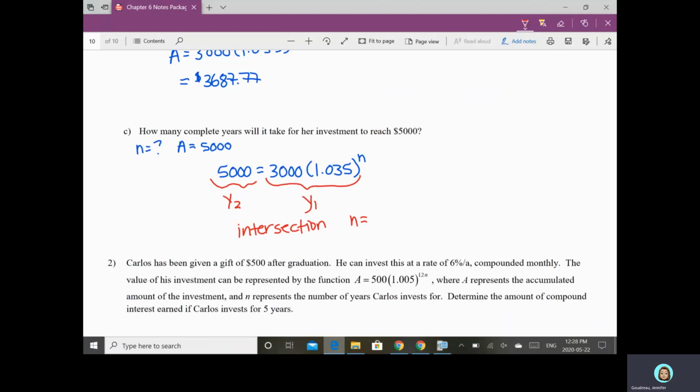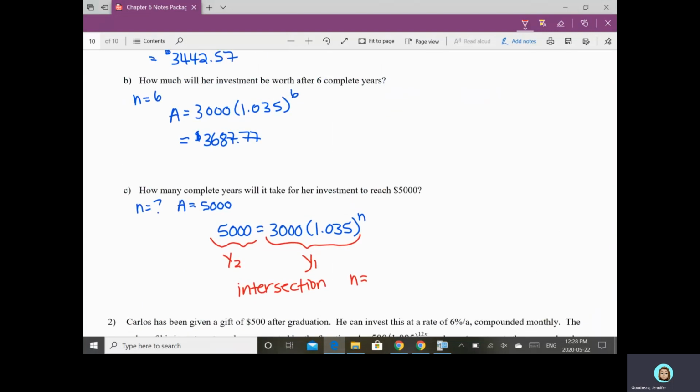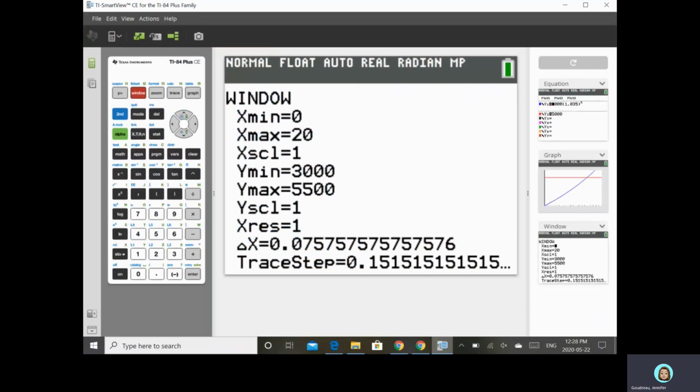We can see that for 6 years, we only got to 3,600. So we're going to have to go quite a bit higher to get all the way to $5,000. So I set it at 20. My Y minimum, now the minimum value of this investment is going to be $3,000 because that's how much she invested at the beginning. And then we know that the amount of the investment is going to go up from there.